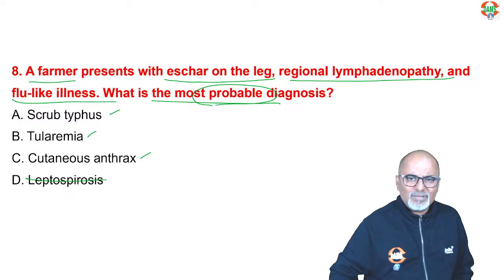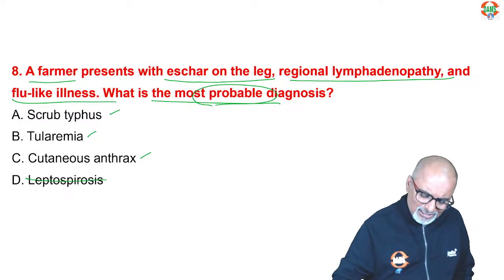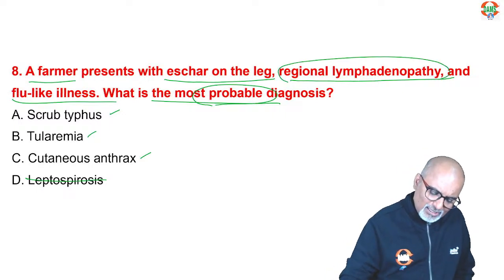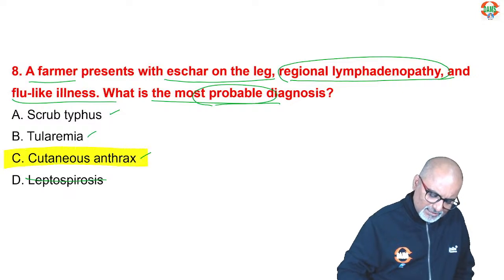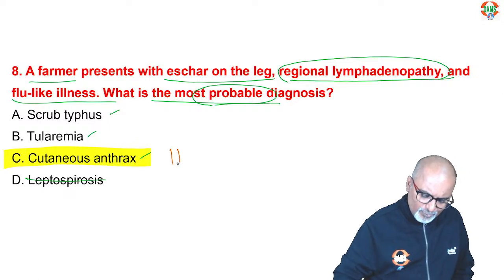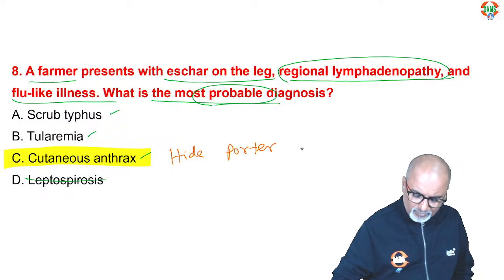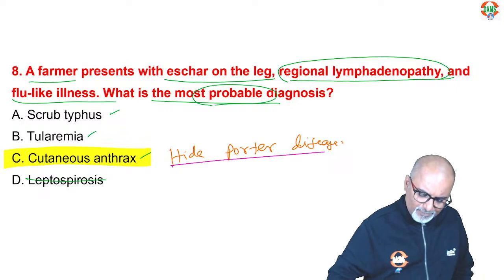But it is a farmer with regional lymphadenopathy, so think of cutaneous anthrax, otherwise called Hide-porter disease, and malignant pustule.